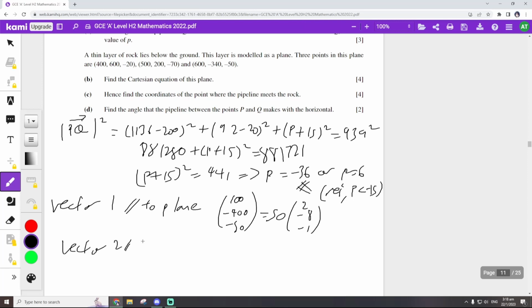Vector 2 parallel to the plane, I'll take the third point minus the first point. So I get 200, negative 940, and negative 30.